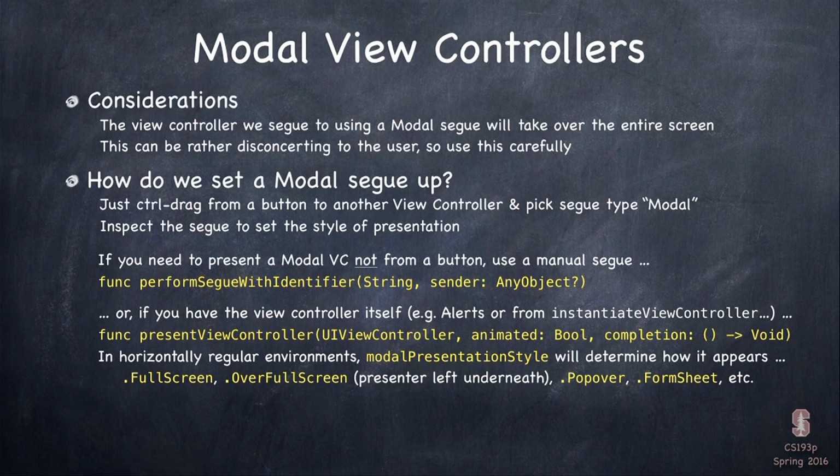Notice that in horizontally regular environments, horizontally regular, not compact, there's a modal presentation style var in a view controller that will specify basically how this view controller gets presented when it gets presented modally. Does it get presented full screen, where it takes the whole full screen? Over full screen, which means it goes over the whole screen, but the one behind, whatever is existing on the screen, is visible.